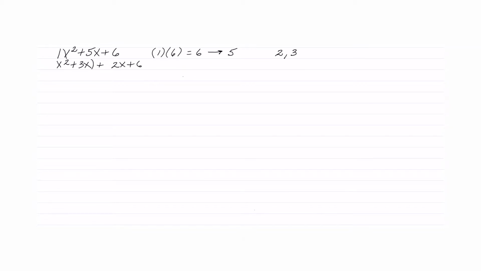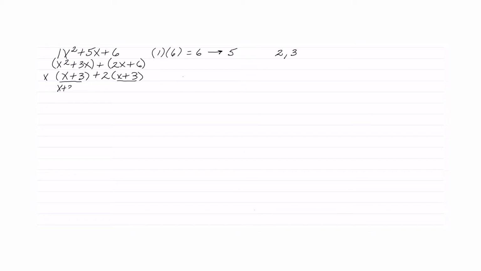So we're going to group the first two terms, and we're going to group the last two terms, and pull out our common factor out of each one of the parentheses, and we see that our common factor is x plus 3.